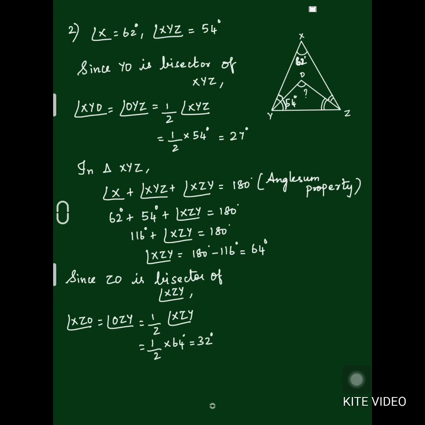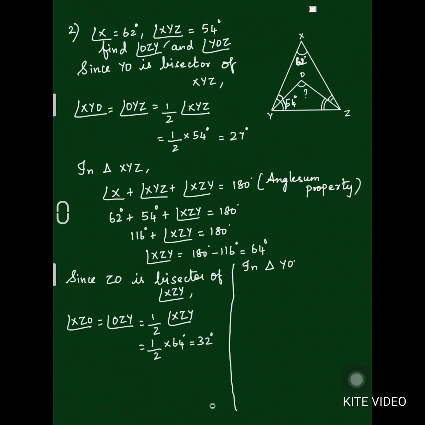So we found XZO and OZY. Now what are the angles we are supposed to find? Angle OZY and angle YOZ. We found angle OZY. Now we have to find angle YOZ. For that we are going to apply the angle sum property to triangle OYZ.